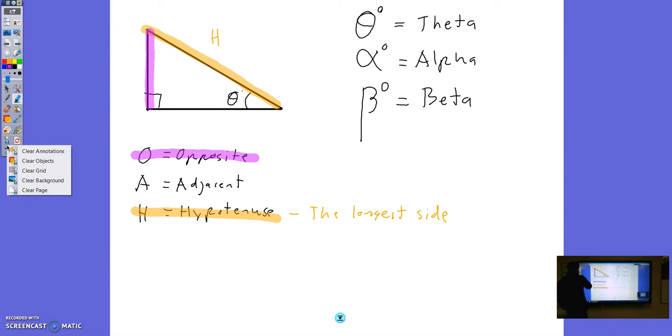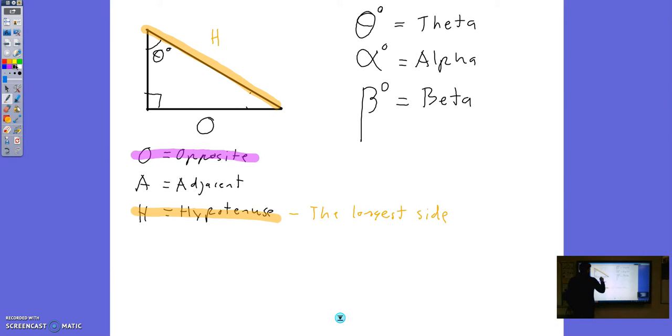If, for instance, we had an angle in this corner, so our theta value is here, our opposite side would be here, because that is now opposite from the angle. Our hypotenuse, being the longest side, will never change for this triangle. Okay? But going back to our original example, where this was the given angle of theta, we're going to say that this is our opposite side.